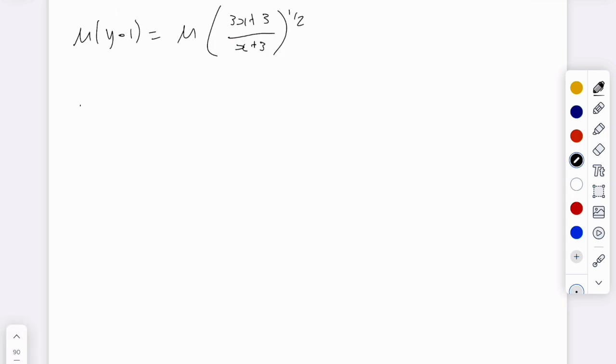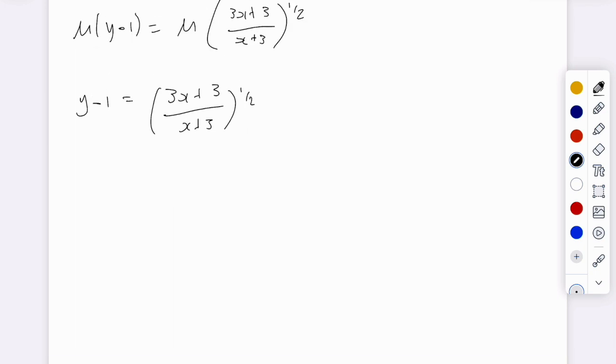Right, so therefore y minus 1 then, guys, is going to equal what? Well, y minus 1 is going to equal ((3x plus 3) over (x plus 3)) to the power of a half.